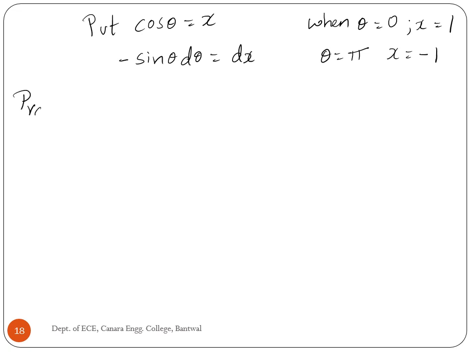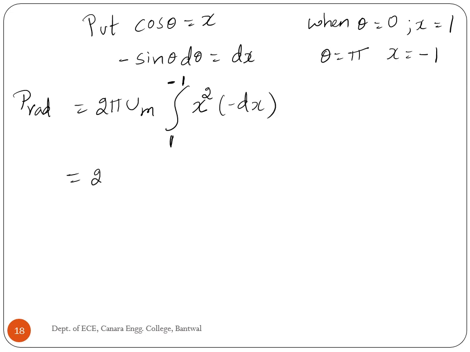Therefore, radiated power is equal to 2 pi, integral 1 to minus 1, cos square is x square, minus dx.